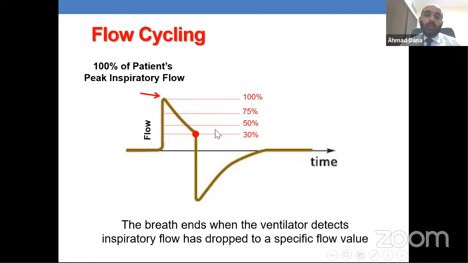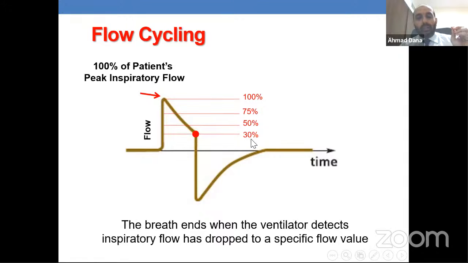So what does flow cycling mean? This is the inspiratory flow, and this is when it is rising, and this is when it is coming down. When the flow rises and we reach the plateau, then you don't need that much pressure, so the flow will start to drop.